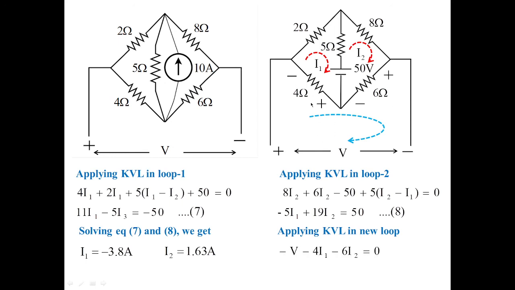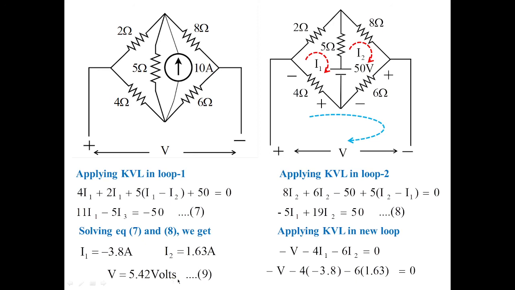Then applying KVL, that is, starting from this, minus V minus 4 I1 minus 6 I2 equal to 0, we substitute the values of I1 and I2 in this equation. So I'm going to get the value of V, which is equal to 5.42 volts.